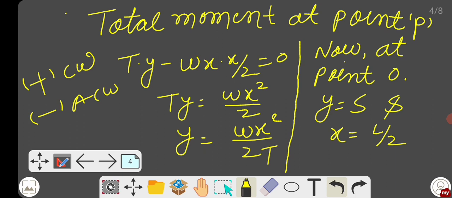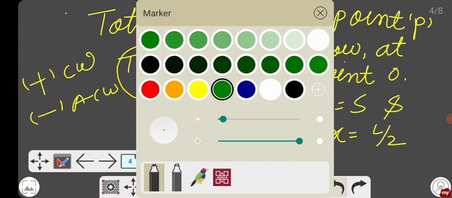As you know, this is clockwise moment and this is anti-clockwise moment, and the total moment acting at a point is 0. So we get the value of y equal to Wx square by 2T.